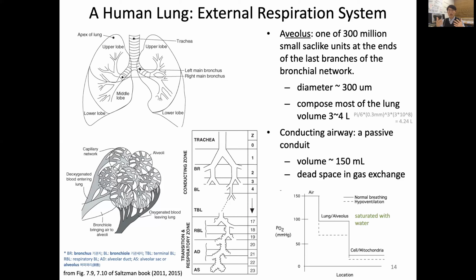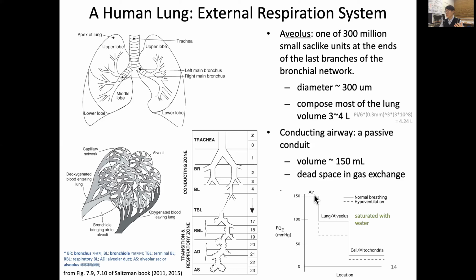There are many ways to convert atmospheric pressure, but oxygen makes up only a fifth of this 760 mmHg. So if you calculate, it's about 150 to 160 mmHg that we denote as the partial pressure of oxygen, P sub O2.